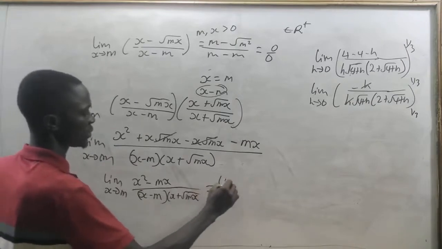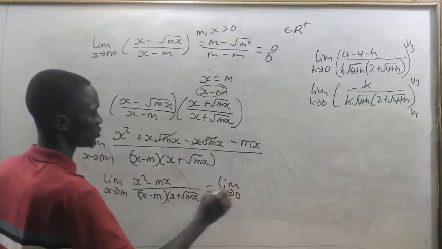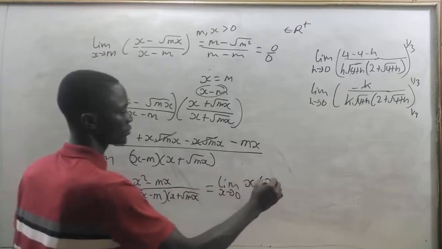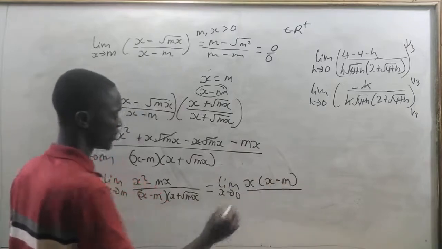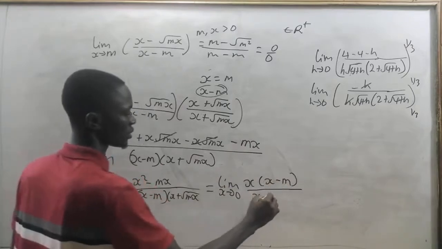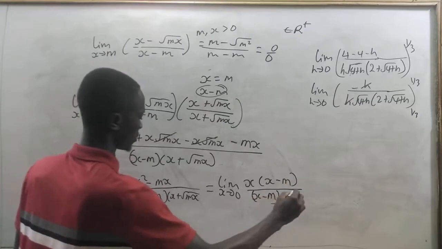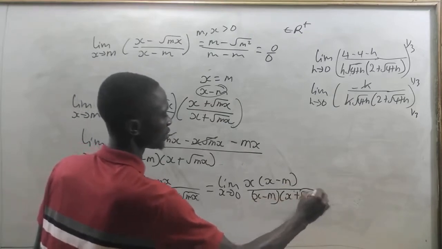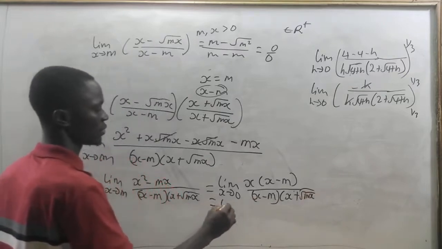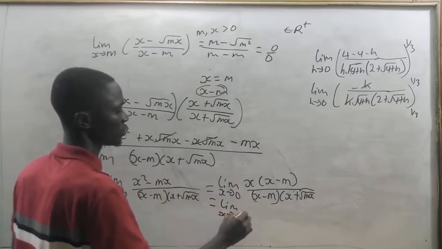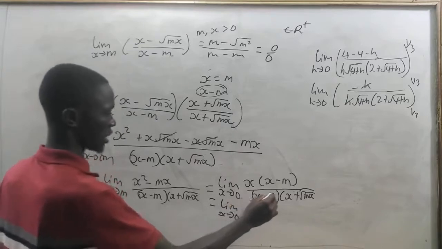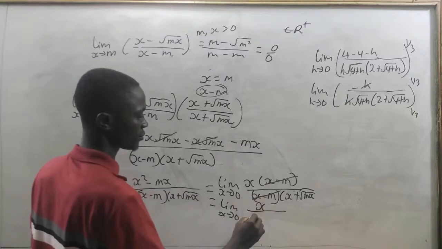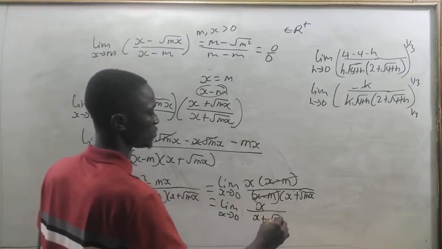You can factorize x out at the numerator, all divided by x minus m times x plus the square root of mx. And this will give us the limit where x minus m will cancel x minus m. So we're going to have x divided by x plus the square root of mx.